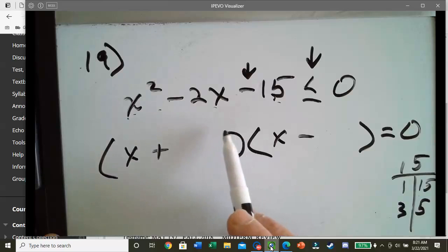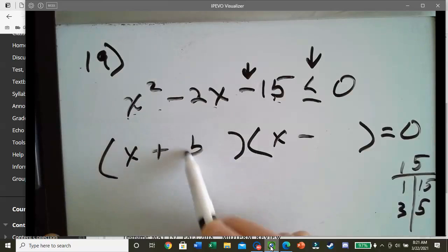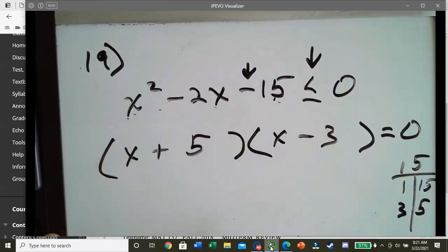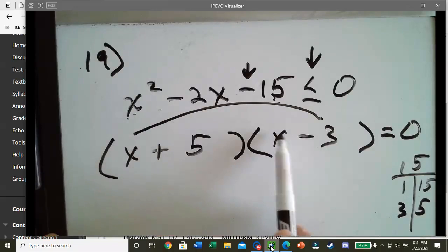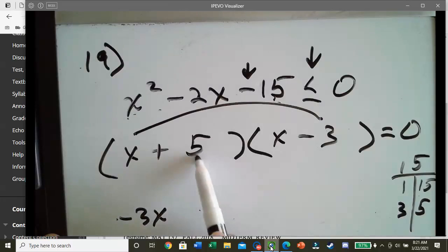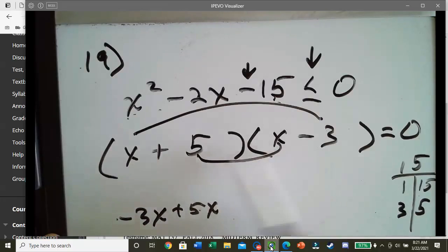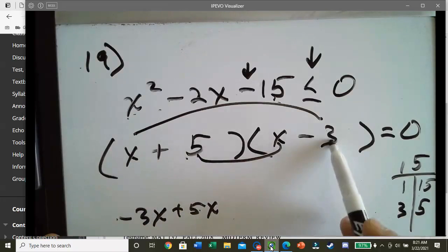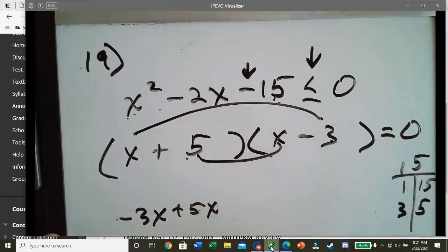3 and 5, right? So if we put 5 here and 3 here, we've got to check it, right? Negative x times 3. You could use a full-blown FOIL, right? x times x is x squared, and x times 3 is a negative 3x, and 5 times x is plus 5x, and then 5 times negative 3 will give you negative 15.